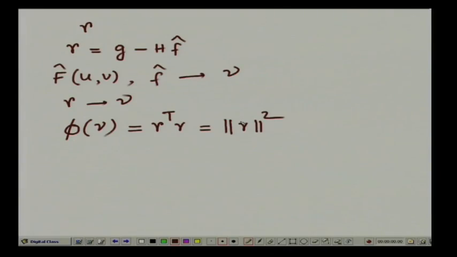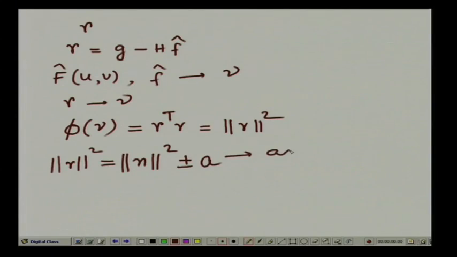Our aim is to estimate the value of gamma such that the Euclidean norm of r, that is r square, will be equal to eta square plus minus some constant a, where a is the specified accuracy factor, or the tolerance of reconstruction.